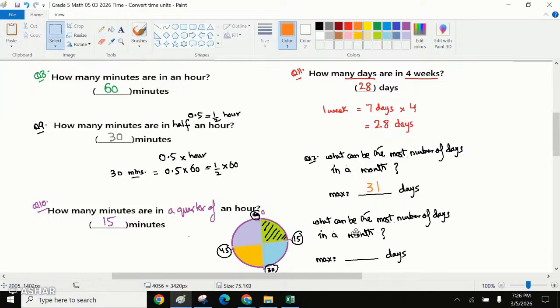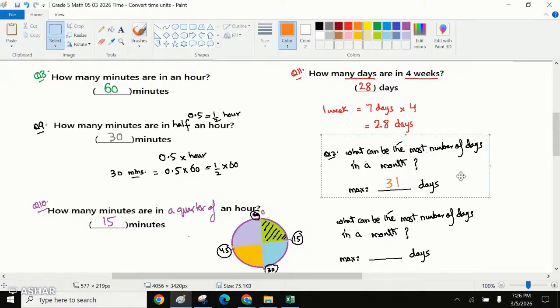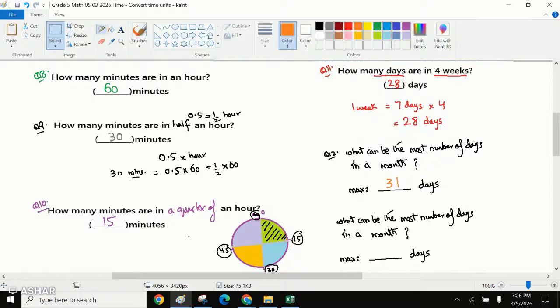If I copy the same question, let me realign. The next question was question number 13, and question number 13 says I change this word to minimum or the least. What can be the least number of days in a month? 30, right?